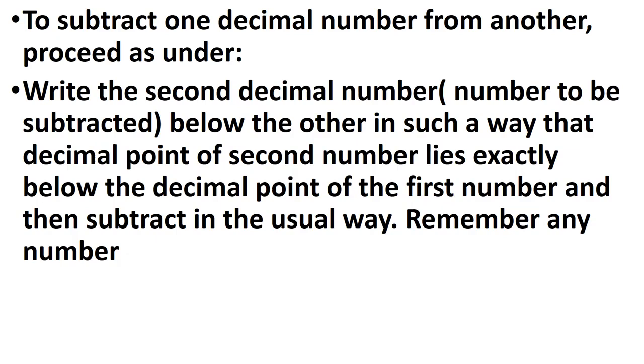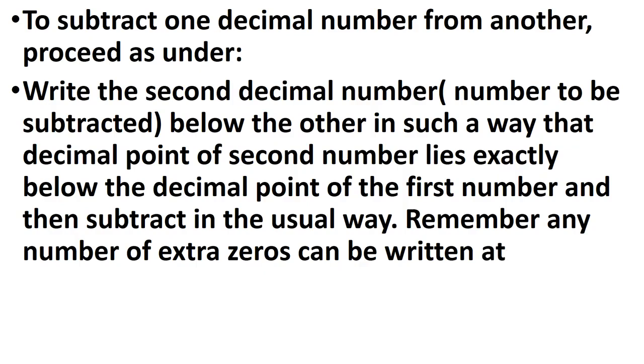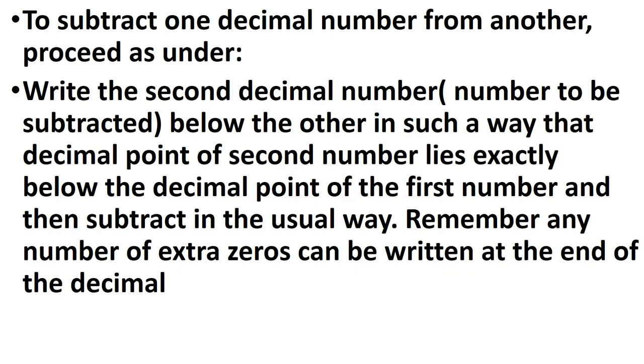Same is there. You have to write one number below the other in such a way that the decimal point lies exactly below the decimal point. Okay, and then subtract. Now what you have to remember is that any number of extra zeros can be written at the end of the decimal number, not before. Okay, this I will tell you when we do the questions.